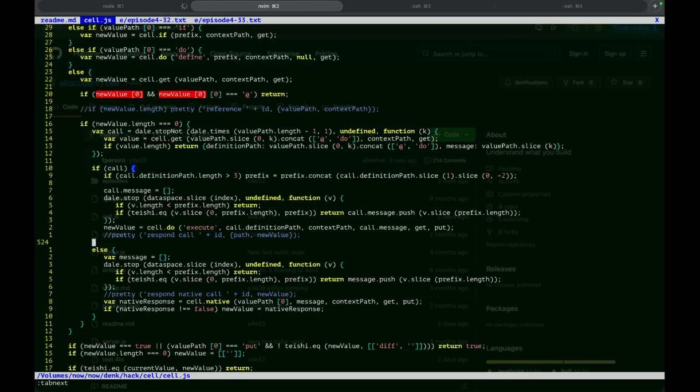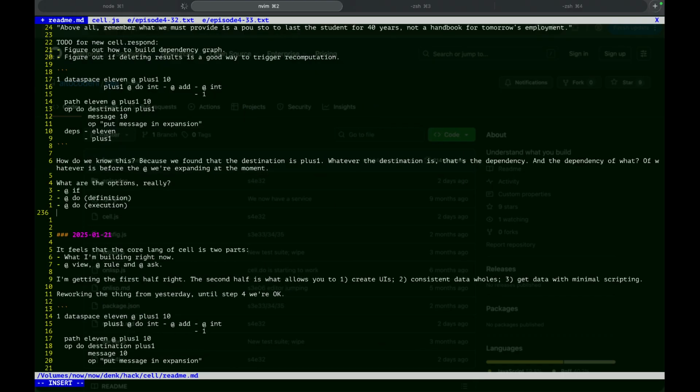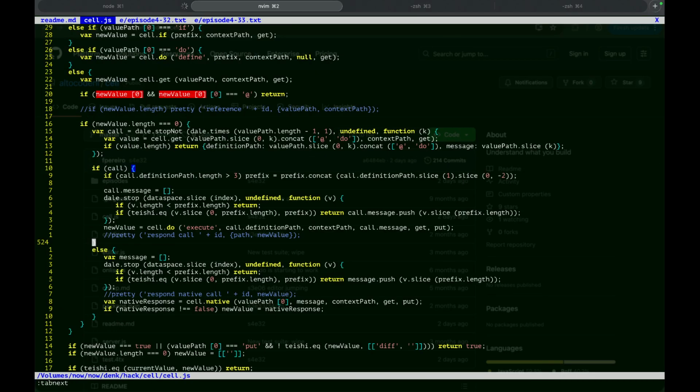Definition and execution are both calls. And then the message, that's the native, right? No, it can also be a normal reference.